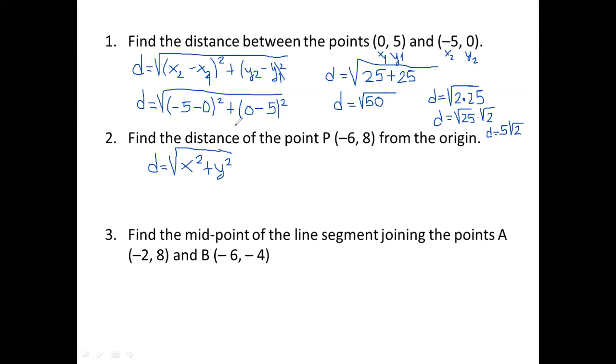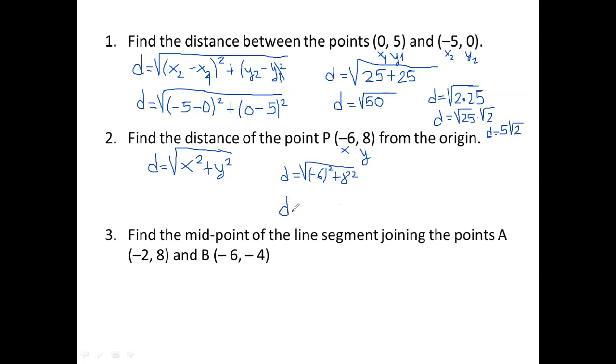So when I plug it into the formula, it will be minus 0 in both, so it will just stay -6 squared plus 8 squared. If this one is x and this one is y, we have the distance d equal to the square root of (-6) squared plus 8 squared.